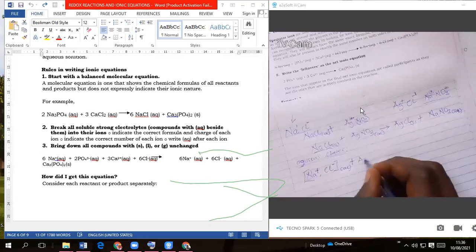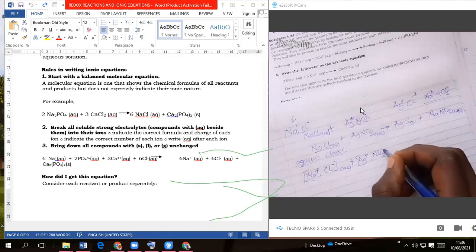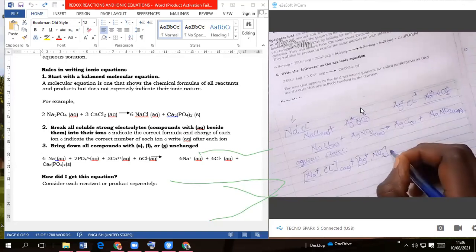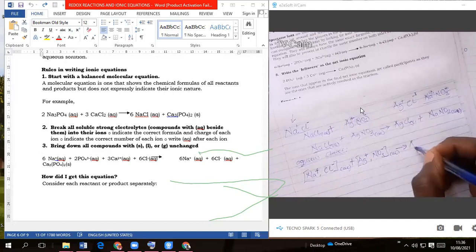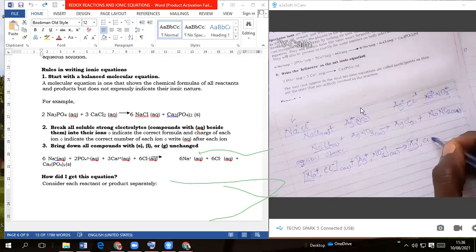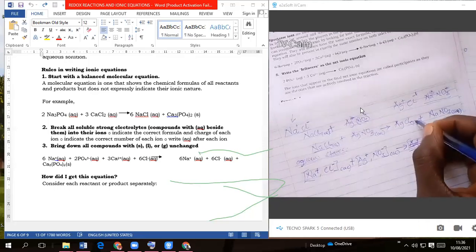Silver is there, Ag, which is a plus. Then we have a nitrate ion, which is that one, also aqueous. On this side of the equation, we have silver ion plus a chloride ion. Sorry, this one is a solid. So solids don't separate.